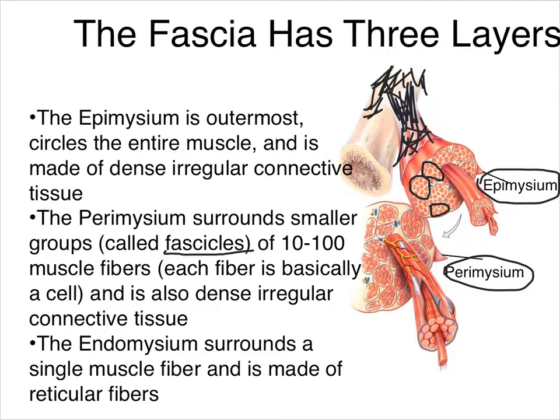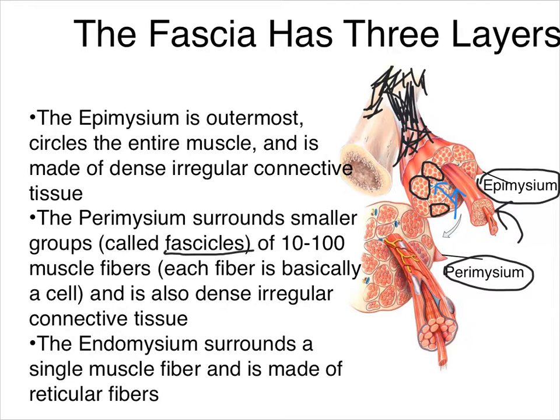So here you can see this is one fascicle that's been extended out, and then this area here, that is a blow-up of the fascicle. So note that inside the muscle, like in between the fascicles, right here and here, you have bundles of artery, vein, and nerve, usually together, in between the fascicles.